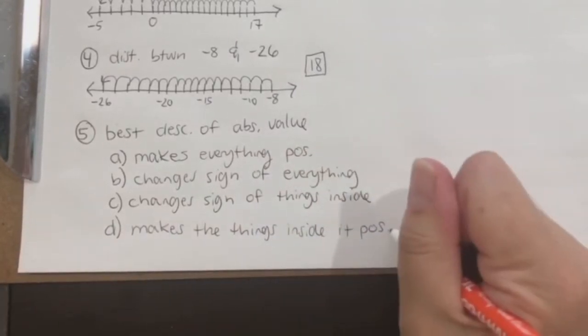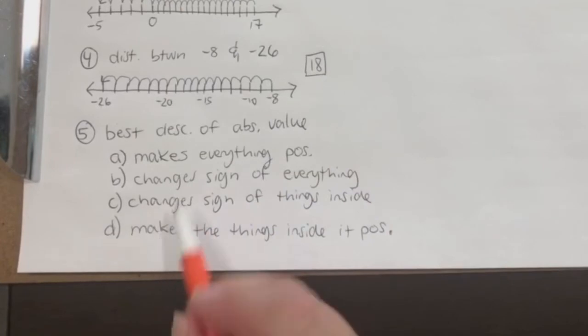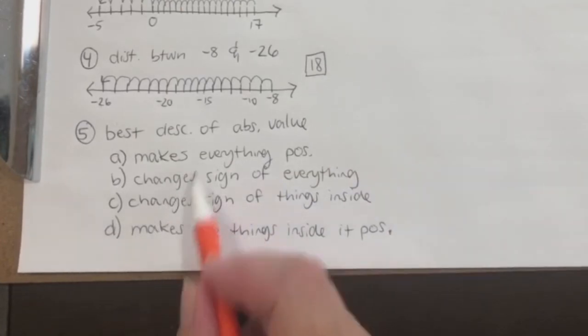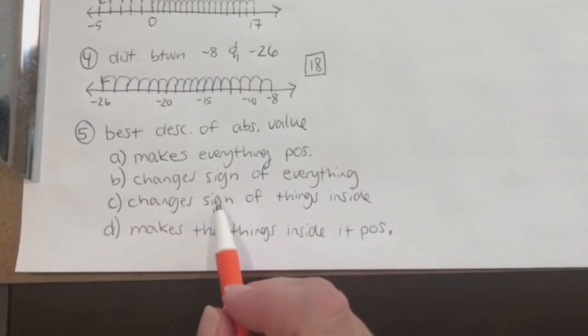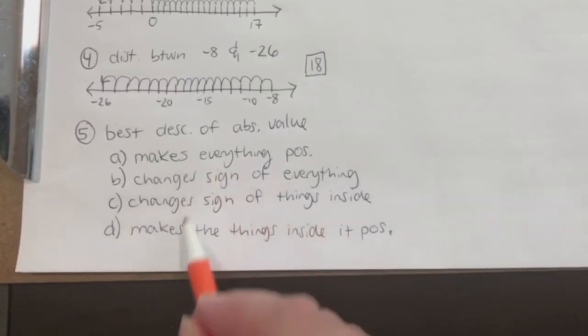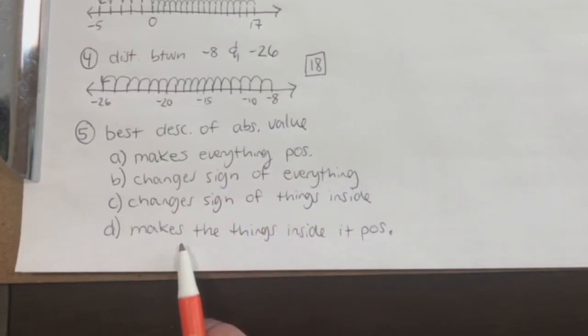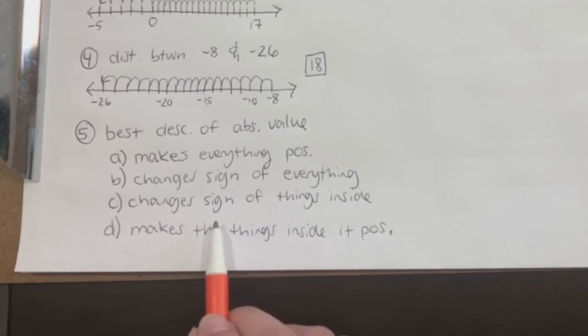Okay, so the way that mathematicians usually try and prove these things is they try and prove the statement wrong. So we're going to try and prove each one of these statements wrong in order to figure out which one we cannot prove wrong, and that's going to be the correct one.